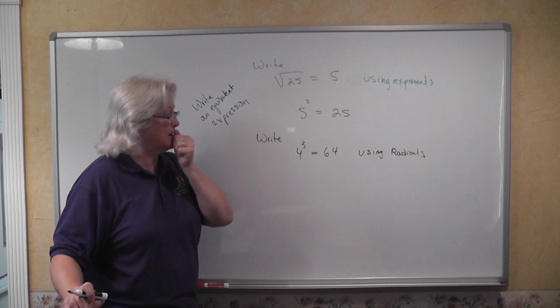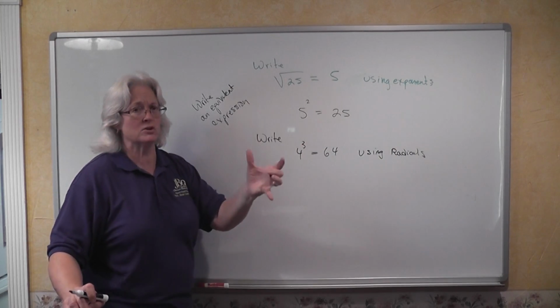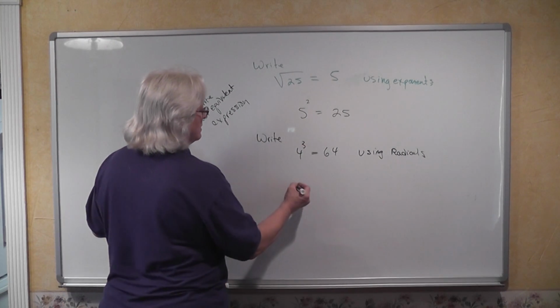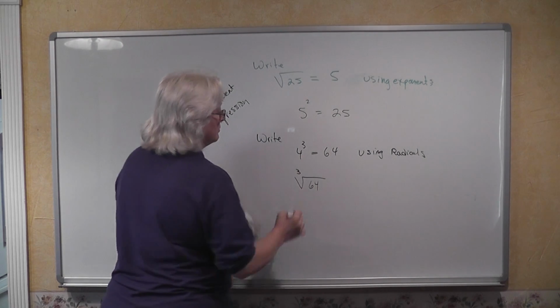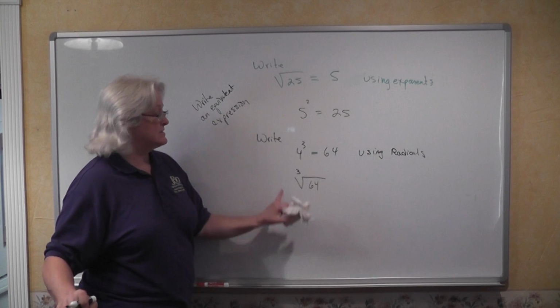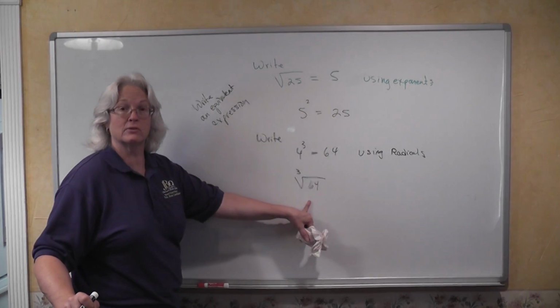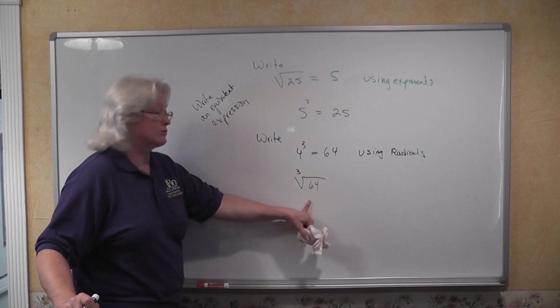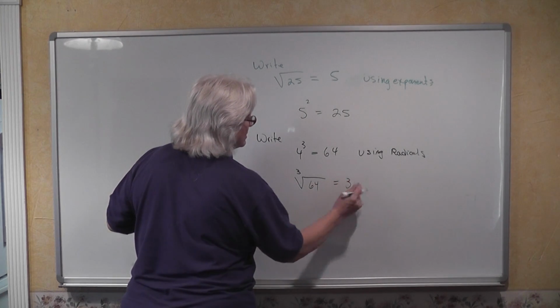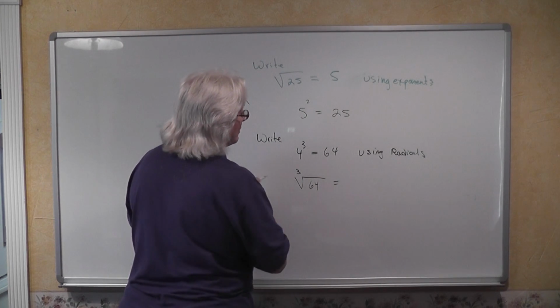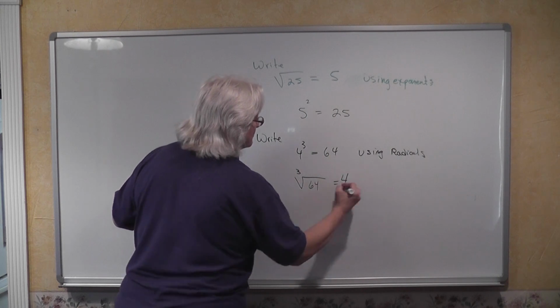But if we want to say, okay, a radical, I have to use a radical symbol. Well, if I say the cube root of 64, this is asking for which one of those factors, what factor is it that you can use 3 times to come up with 64, and that's 4.